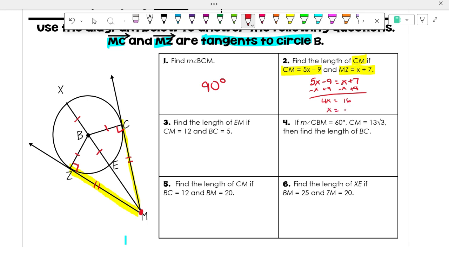So x is equal to what? 4. Now, that's not my answer because what did they ask me to find? The length of CM. So I'm going to plug it back in for the 5x minus 9. So 5 times 4 minus 9. 5 times 4 is 20 minus 9. CM is equal to 11. Now, I would not mark it on this because none of these questions connect to each other. So I would not mark it on the circle.